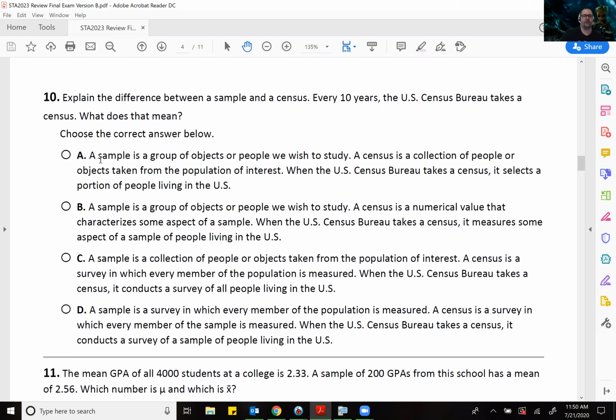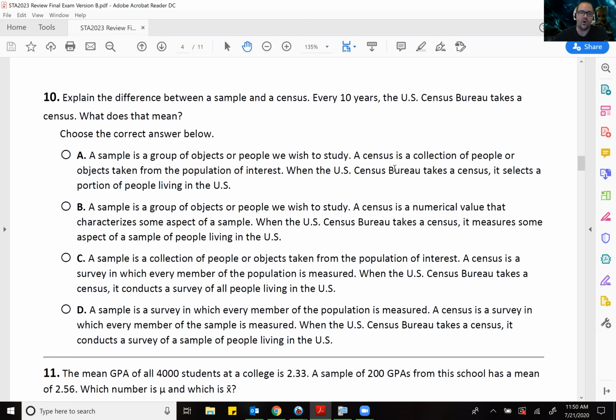So when we look at piece A, a sample is a group of objects or people we wish to study. Kind of. This also says a census is a collection of people or objects taken from the population of interest. And that right there we know is not true. A census is not a collection of people taken from the population.